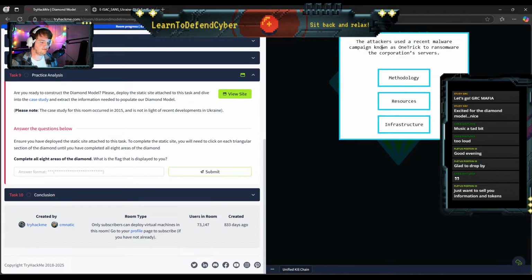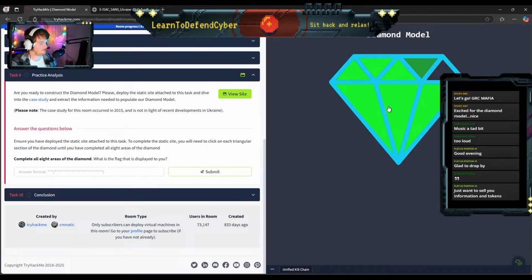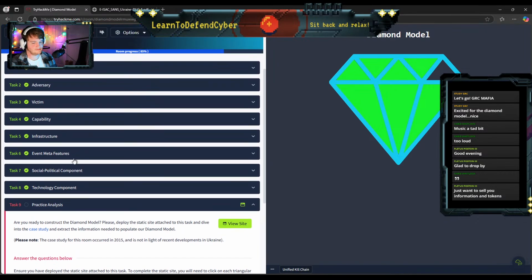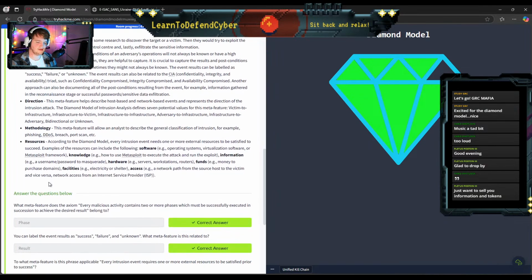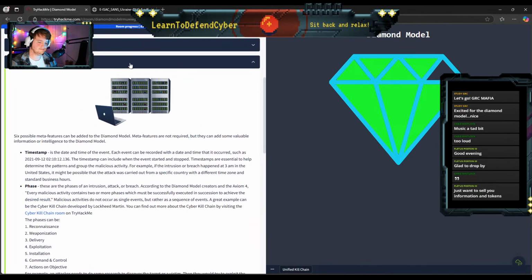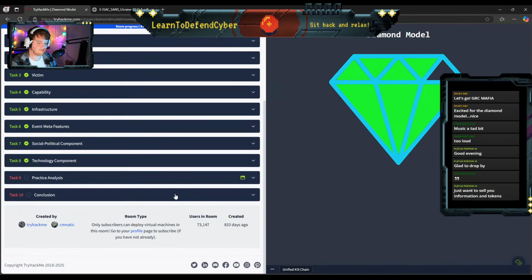They use a recent malware campaign known as One Trick to ransomware the corporation's servers. That is a part of their methodology. No, is it a part of their resources? I wish I could reread them, because that's in that meta feature. Okay, moving on then.